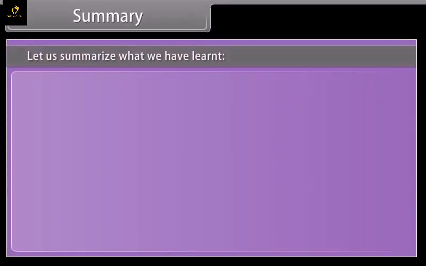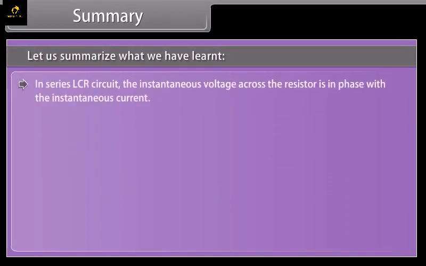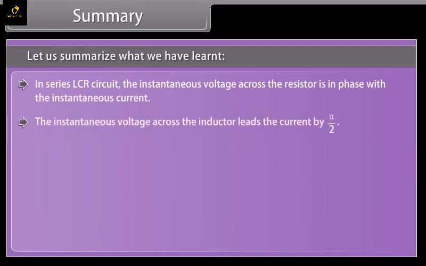Summary. Let us summarize what we have learned so far. In series LCR circuit, the instantaneous voltage across the resistor is in phase with the instantaneous current. The instantaneous voltage across the inductor leads the current by pi by 2.